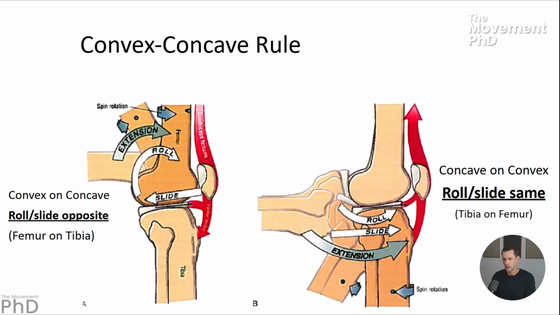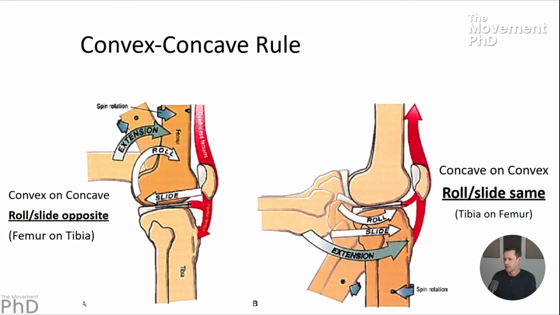The second question to ask yourself is, is the distal aspect of that segment convex? Convex just means round, a rounded end. Or is it concave? Concave just being a dish or a concavity.